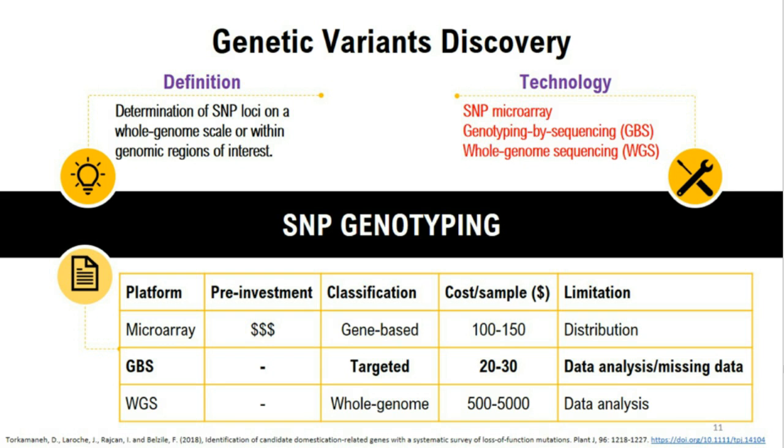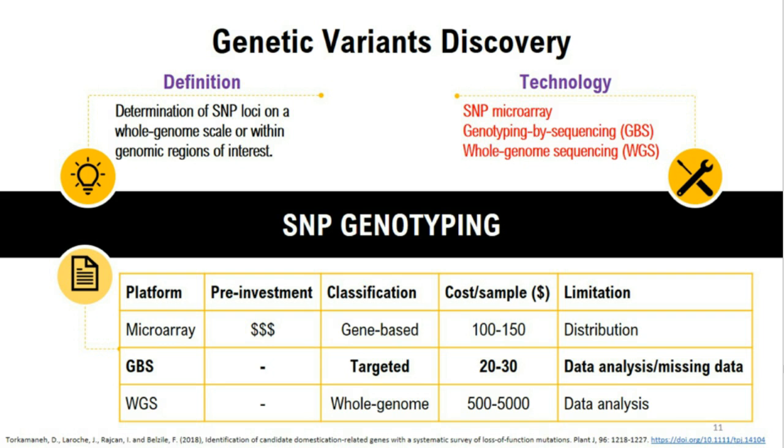The most common ones are SNP microarray, genotyping by sequencing, or whole genome sequencing, where we sequence the entire genome of the individuals. Each of these methods has its own merits and demerits, and I try to summarize some of them in this table.